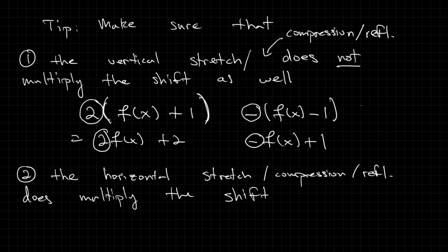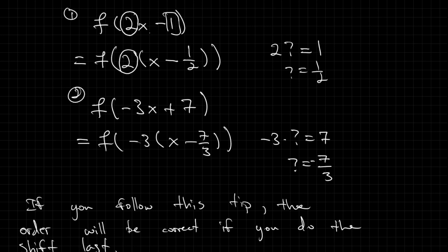You need to rewrite so that the vertical stretch, compression, or reflection does not multiply the vertical shift. This should be vertical shift. And the horizontal stretch, compression, or reflection does not multiply the horizontal shift. If you find yourself in this first scenario, you have to distribute. And if you find yourself in the second scenario, you'll have to factor.